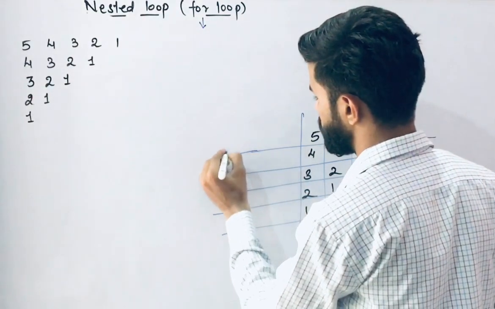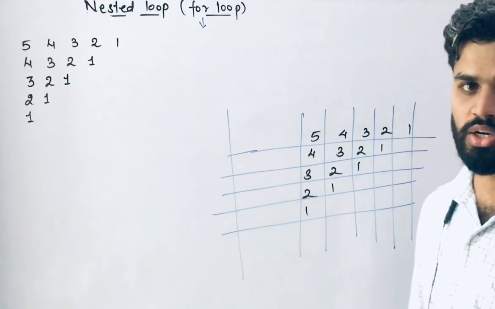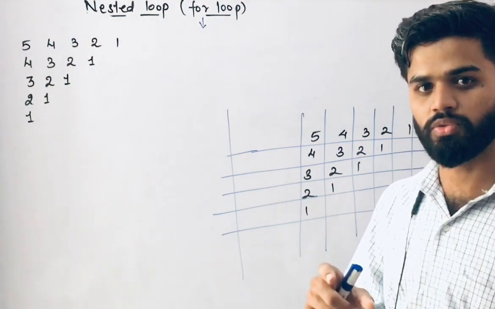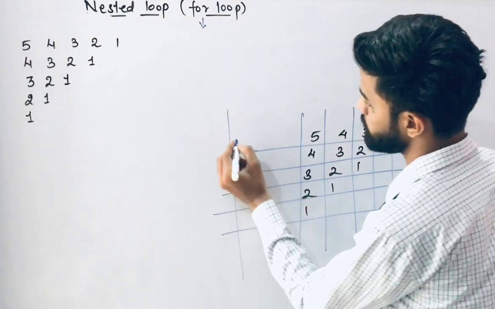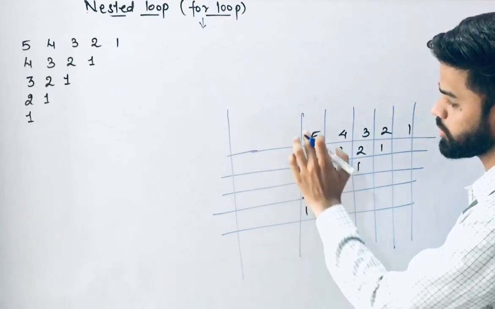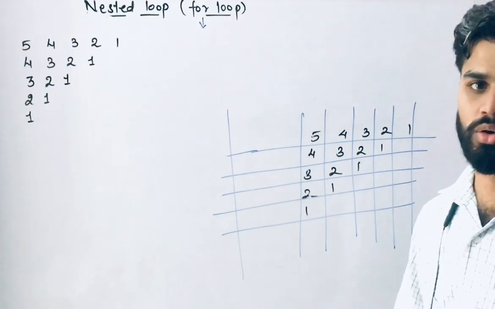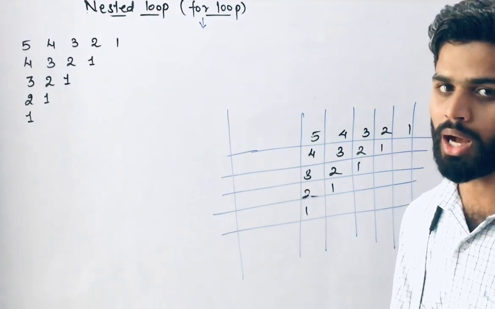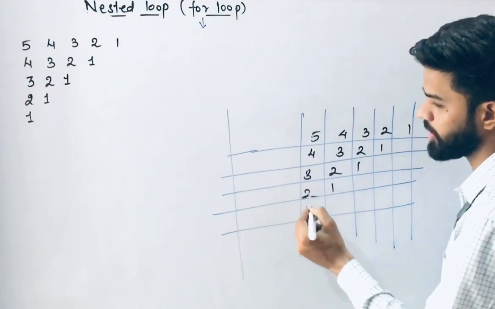First of all, if we are using a nested for loop, it means there is one for loop and there is another for loop. The number of rows depends on the outer loop: one row, second row, third row, fourth row, fifth row. How many rows are there? 1 2 3 4 5 rows.